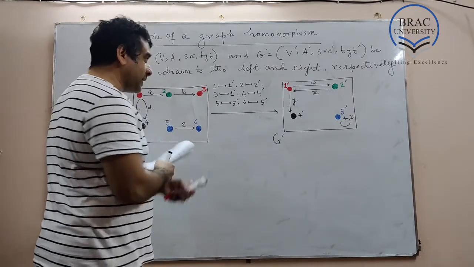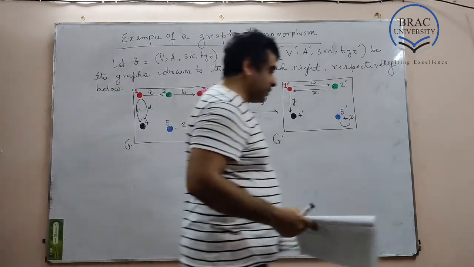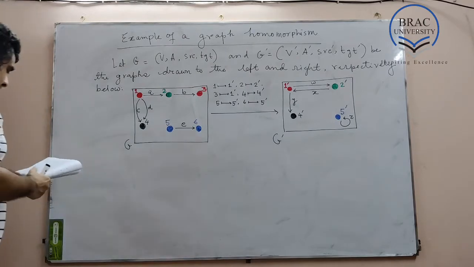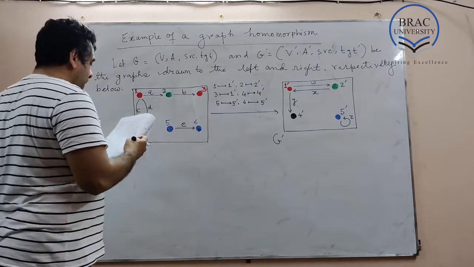Now we got to check that it's indeed a graph homomorphism. So we stick to black marker. Let me write down what the color does here.